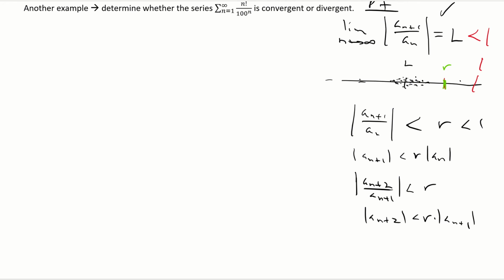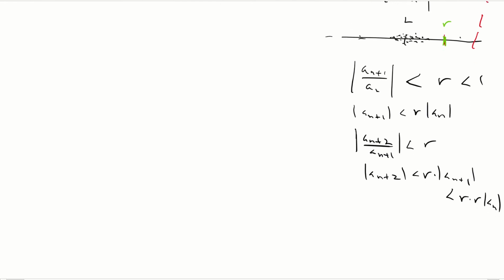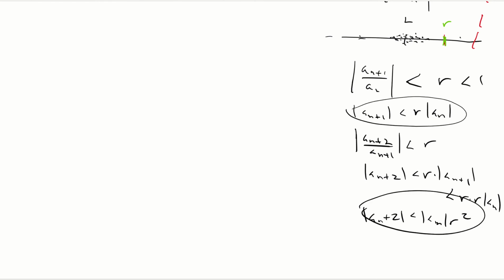But that's less than r times r times absolute a_n. And what's developing here is that absolute a_(n+2) is less than absolute a_n times r squared. So you've got this one, and this one, there's a pattern: absolute a_(n+3) is less than absolute a_n times r cubed.